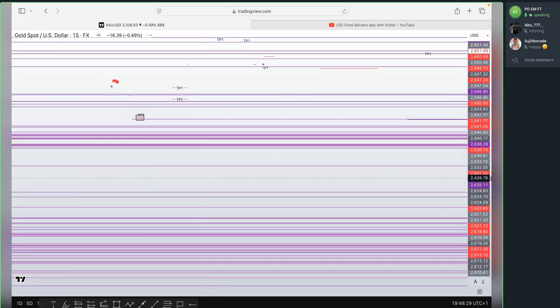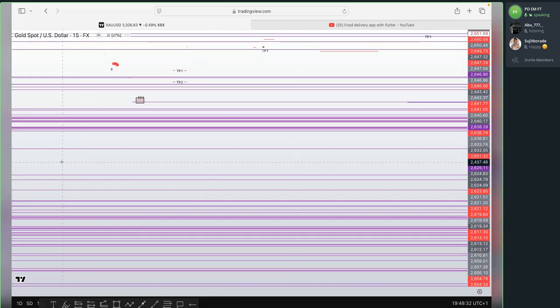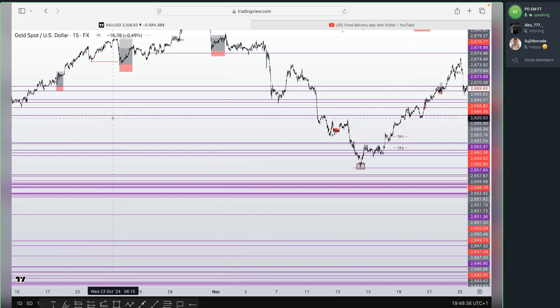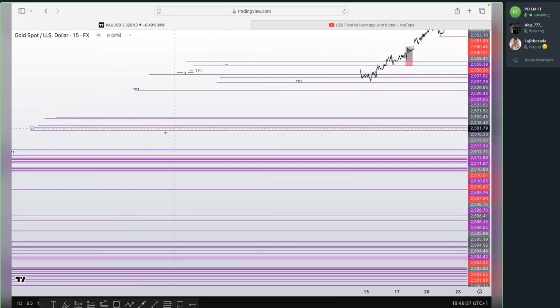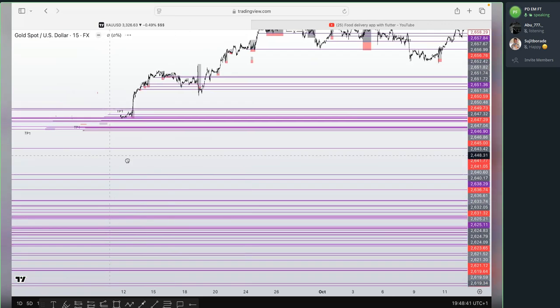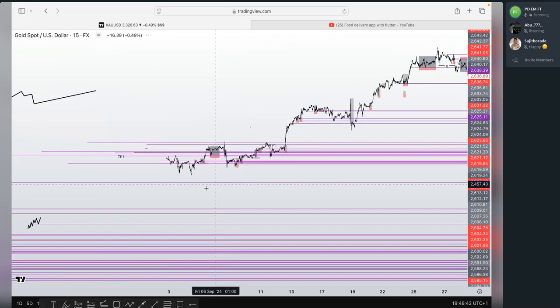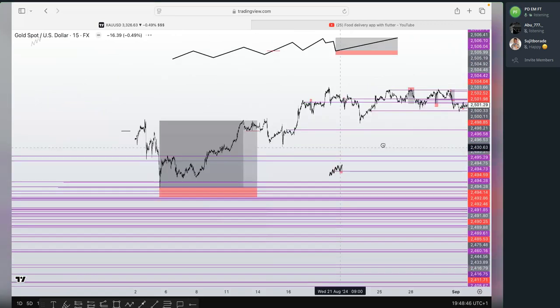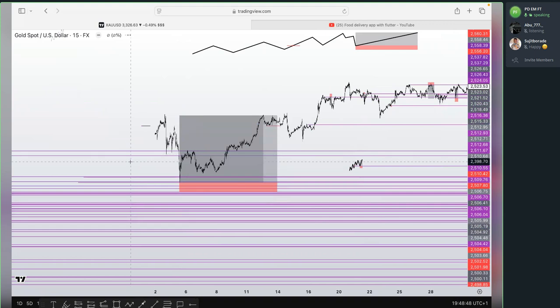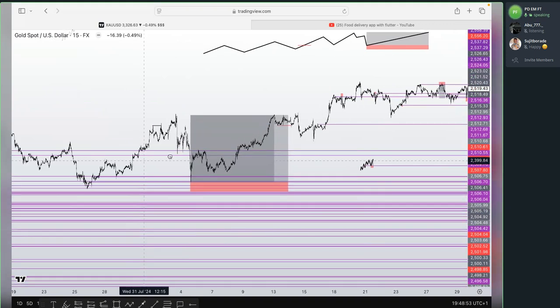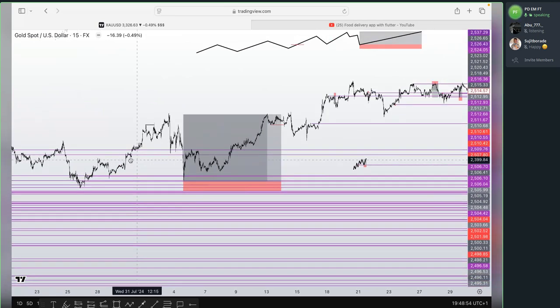I think let's just cut it, because these past trades are still infinite.